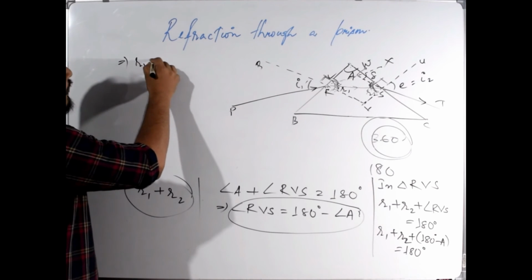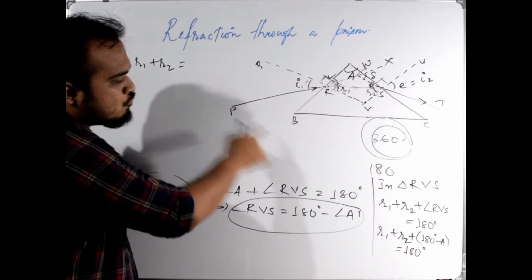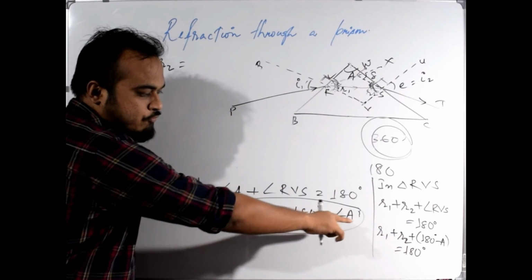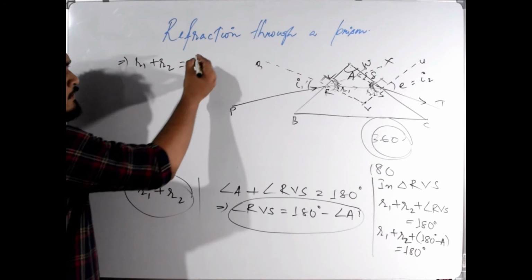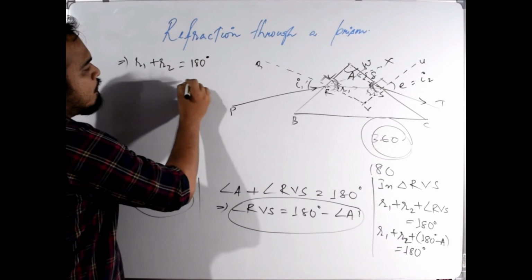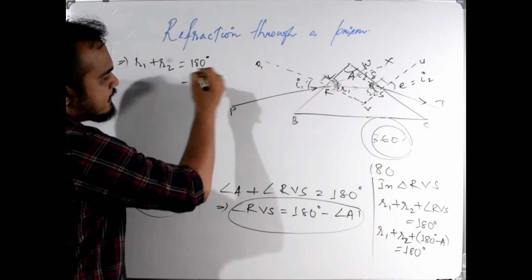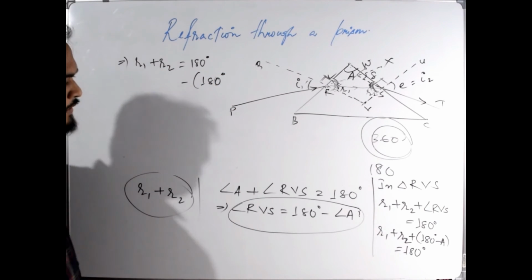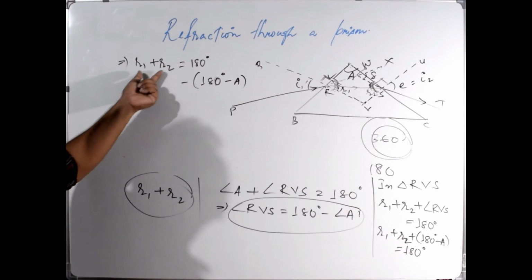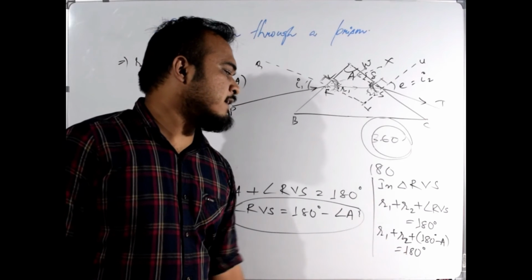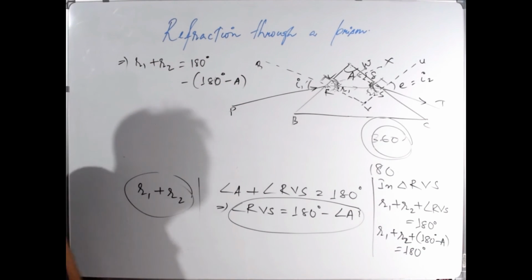R1 plus R2 can finally be written as 180 degrees minus (180 degrees minus A).